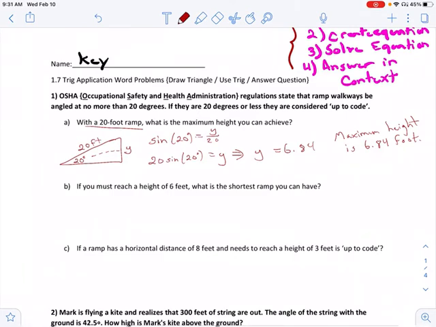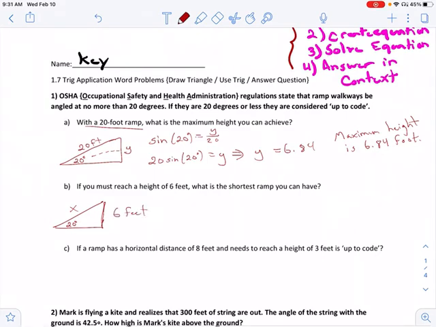If you must reach a height of 6 feet, what is the shortest ramp that you can have? Okay, so I've got a similar drawing. I don't know how long my ramp is, and that's what I'm looking for. So maybe we'll call this x. That's our unknown. I know that this is 20 degrees, and I'm trying to reach a height of 6 feet.